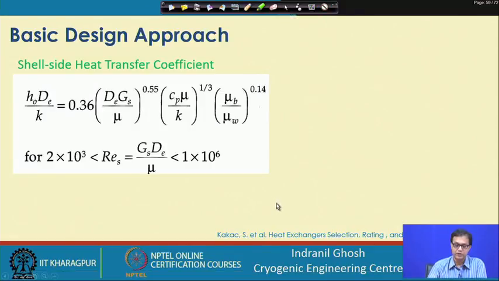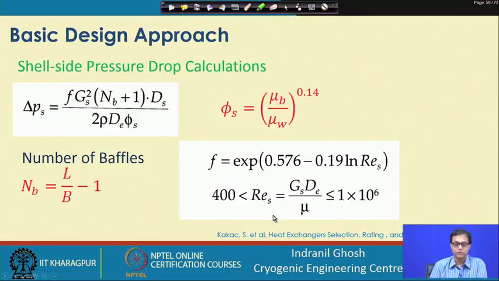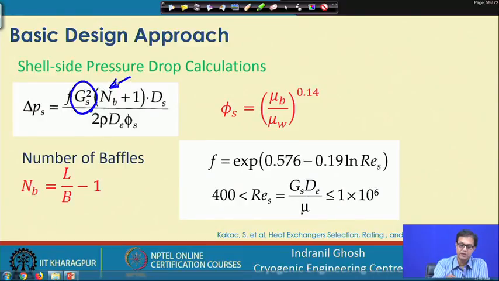This is about the heat transfer coefficient. We also need the pressure drop calculation, and this will depend on the mass velocity of the shell side, and also on Nb, the number of baffles which will be used.